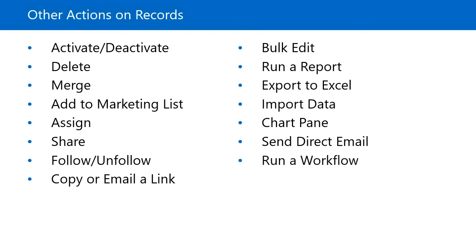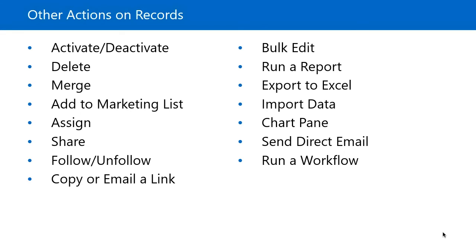And then the other one that we have is the ability to run a workflow or start a dialog box. What this option will do is, in Dynamics 365, administrators or customizers can design automated processes that can streamline or make some business processes or procedures easier.